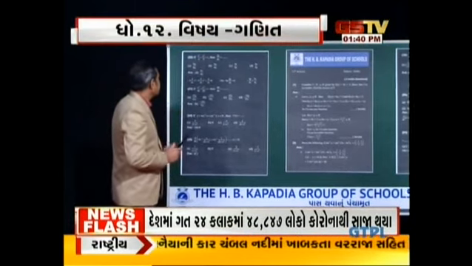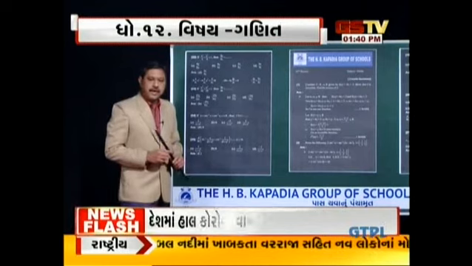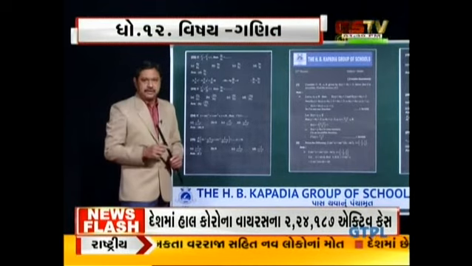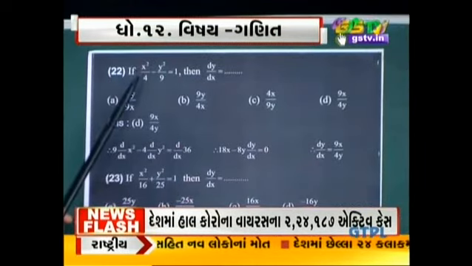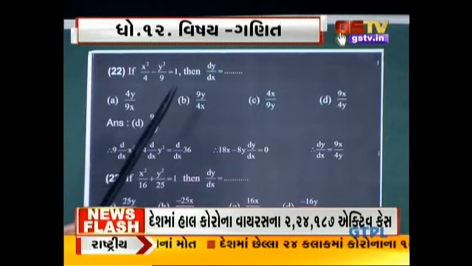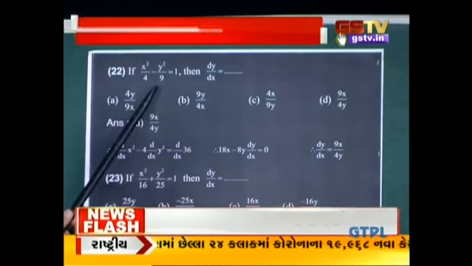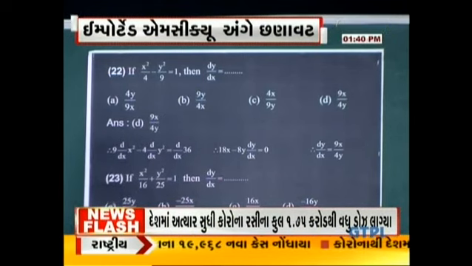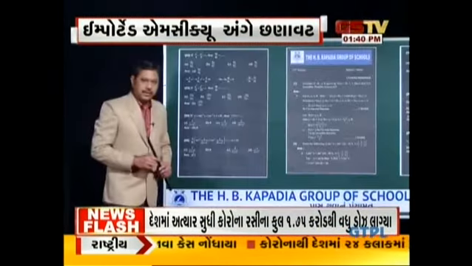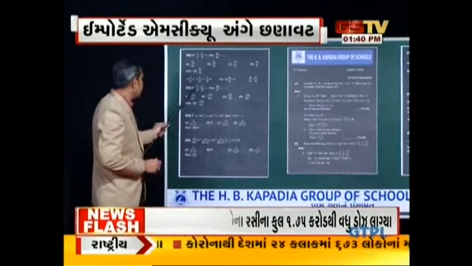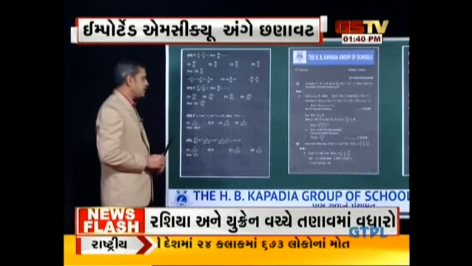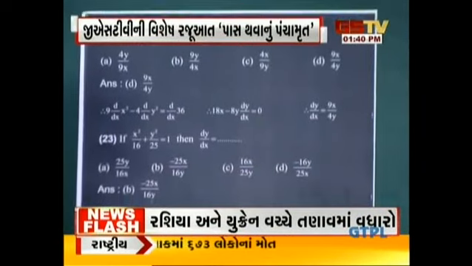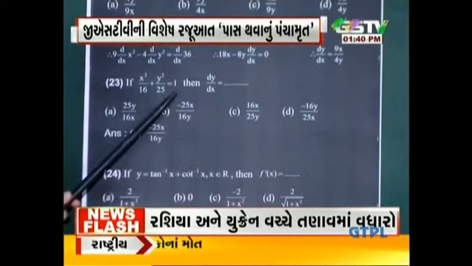Derivative of y square function is 2y upon 9 and sign opposite. So 2x upon 4 minus plus 2y upon 9, and if we calculate this result, so we get direct answer 9x upon 4y.